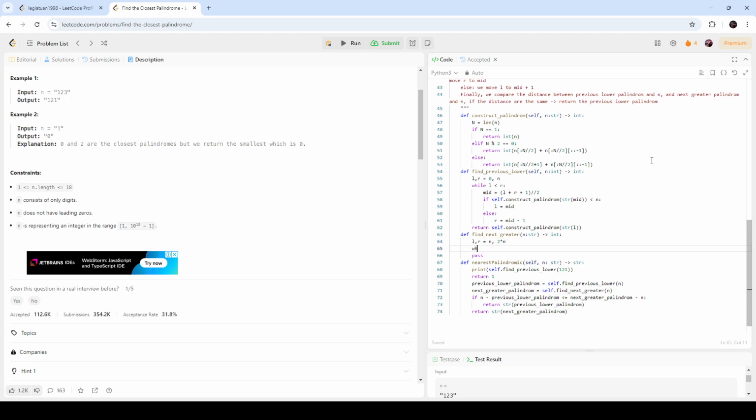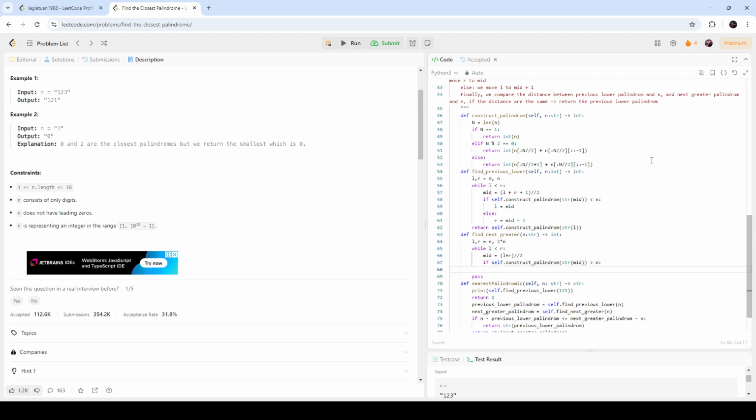Okay, so while, if self.construct palindrome is larger than n, and we found our candidate, right? But basically we need to find the next greater palindrome. So instead of moving our search space to the right, we need to move our search space to the left, right?